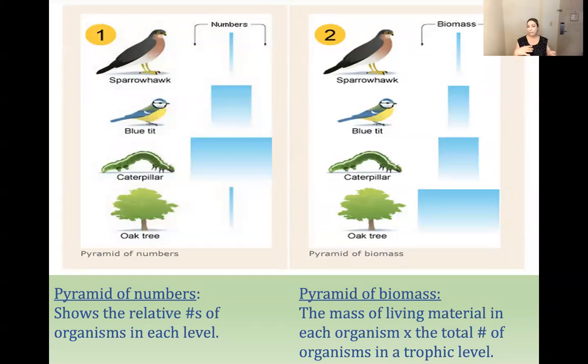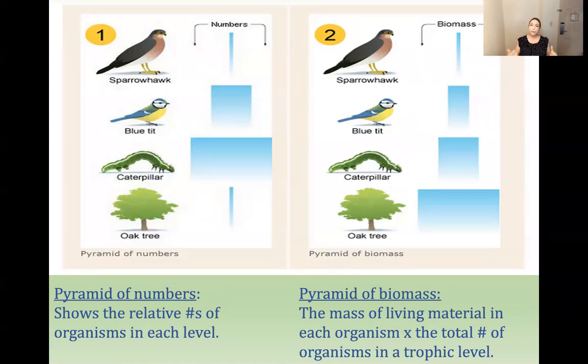By the way, mass is very similar to weight, right? It's just how much stuff weighs. The biomass of the bird that feeds on caterpillars is less than the biomass of the caterpillar.